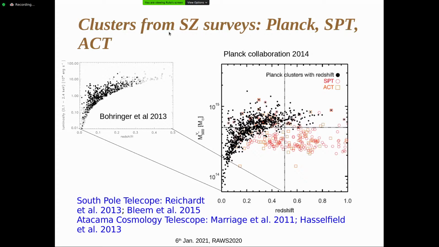Earlier I had showed you this plot of luminosity versus redshift from the Rosat X-ray satellite. As compared to this, now our picture has come to this plot. This is a reasonably recent picture after the galaxy cluster catalogs using the Sunyaev-Zeldovich effect have been released from the Planck, SPT, and ACT collaborations.